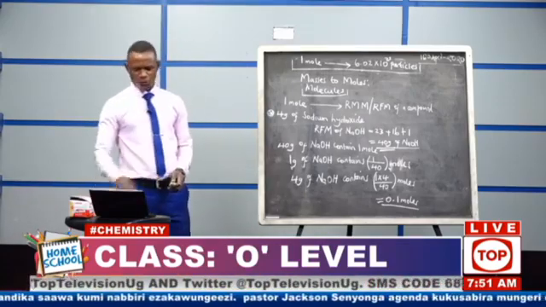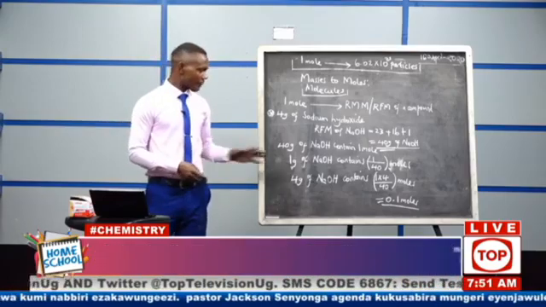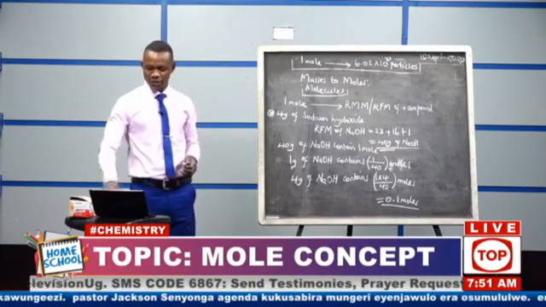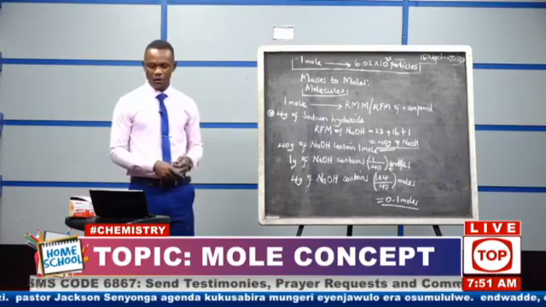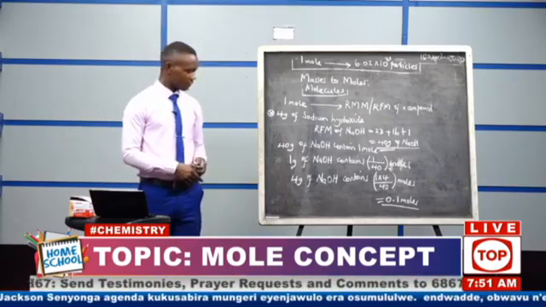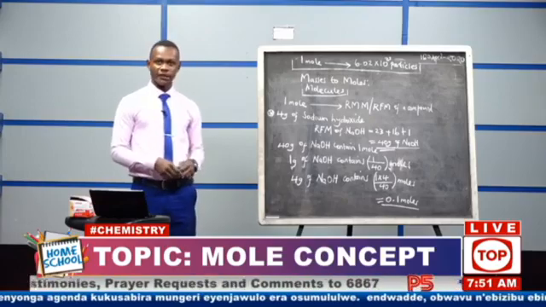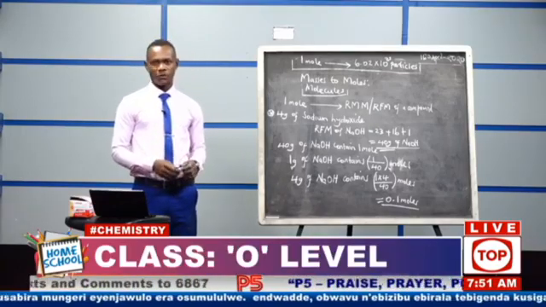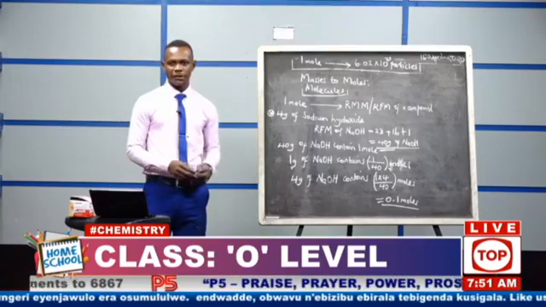So once we have that summary, then we are going to be able to calculate several numbers. And that's why I have come up with an exercise. Let us go to the exercise and see how the exercise is looking like. I want you to be ready. You copy the exercise.